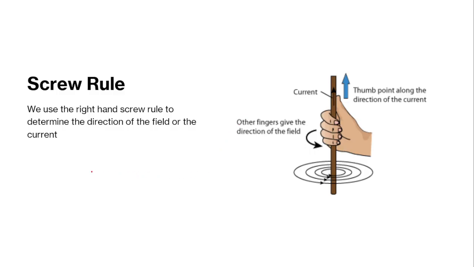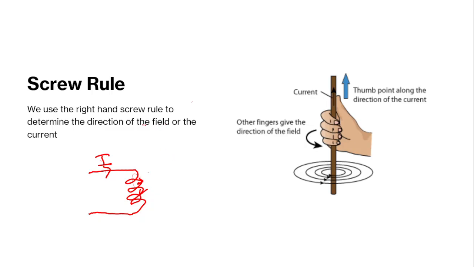So if you have a coil and you have an input current, you just follow it. It's going to come around here. If you use your right hand, your fingers will point in the direction of the arrows, and in this case your thumb will be pointing down, based on the direction of the arrows.